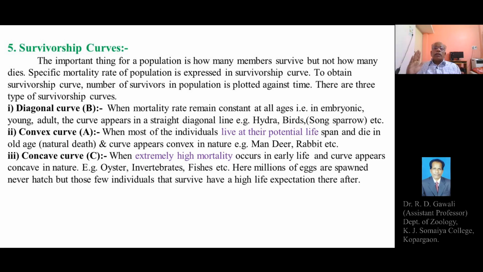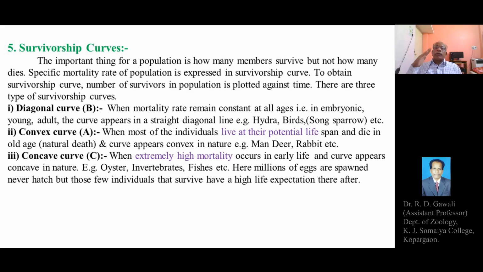This appears when the mortality rate remains constant at all ages, that is, in the embryonic stage, young stage, mature or adult stage, or even in old age. Whatever the age, the individuals of the population show a constant mortality rate, and in this condition the survivorship curve appears as a straight diagonal line.